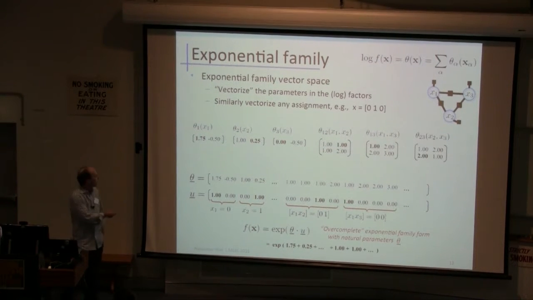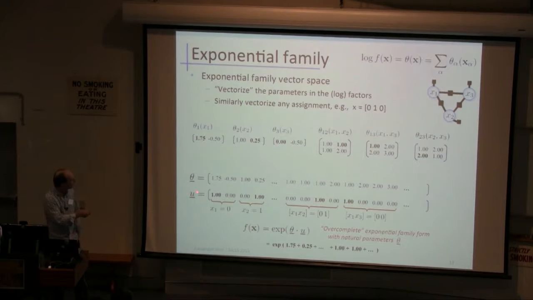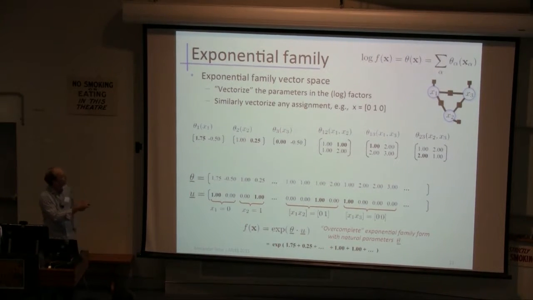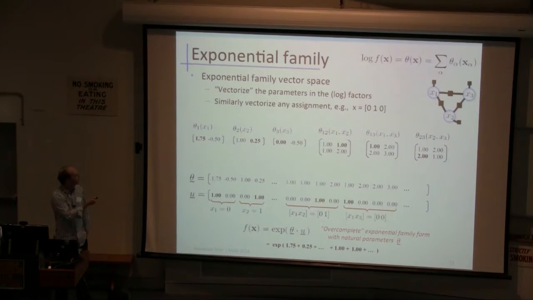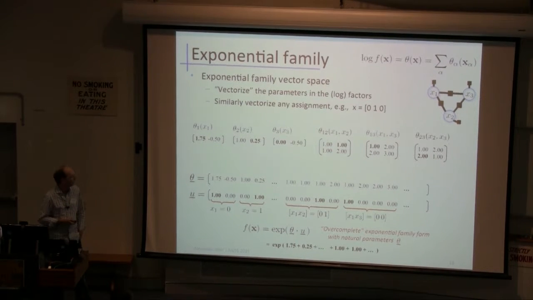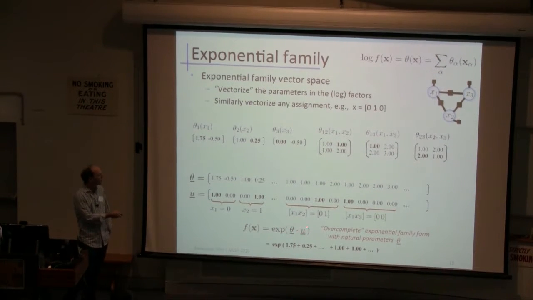And so now the dot product between our vectorized model theta and our feature vector u will just extract out exactly the same value of the function that we had before. So this is just a transform to go from writing these table-based representations to this vector form with some feature vector u.